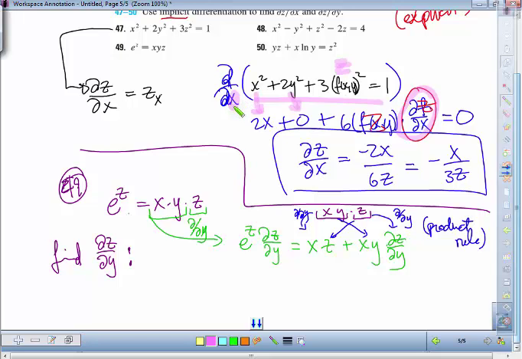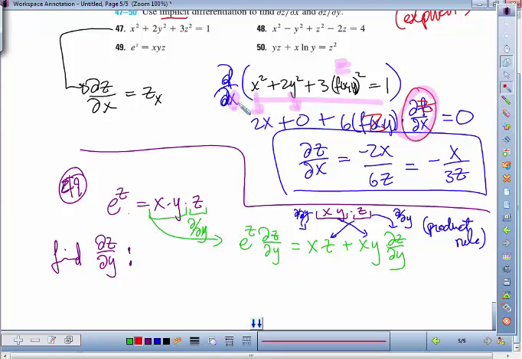Because it's taking the derivative with respect to x, when you take the derivative with respect to one variable, you have to pretend that the second variable is constant. And so this 2y is constant. It just disappears when you take the derivative. Okay?